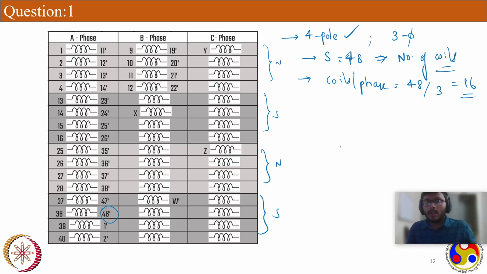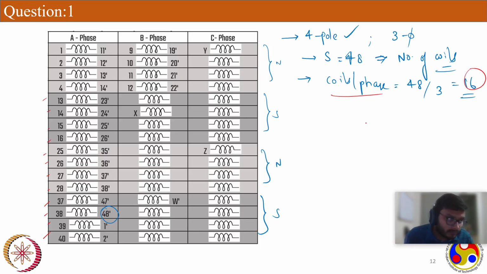From the calculations we got that for each phase there should be 16 coils. So let's check from the diagram. Is it satisfying or not? 1, 2, 3, 4, 5, 6, 7, 8, 9, 10, 11, 12, 13, 14, 15, 16. So it is true. Number of coils per phase should be 16. That is validated from the diagram as well.